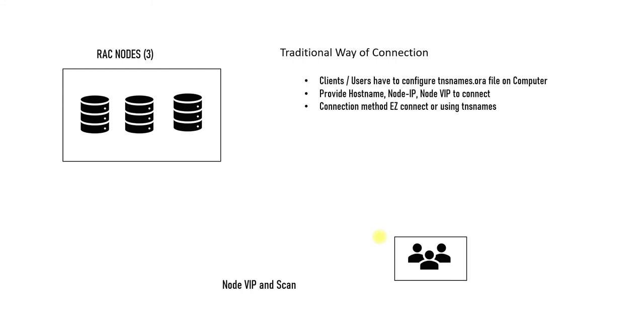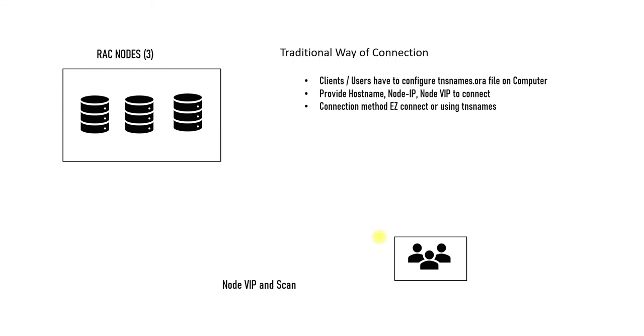That is the reason SCAN as well as GNS were brought into the picture. Both SCAN and GNS were brought in 11gR2 as a huge feature which resolved many issues, and it is used till now.